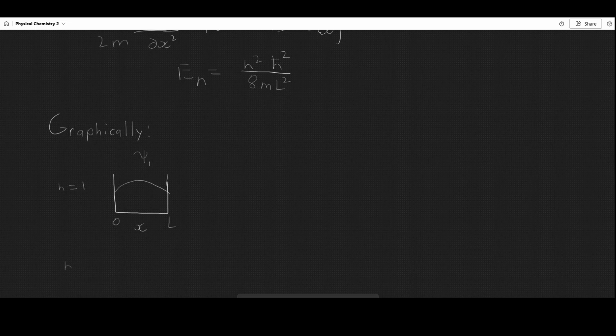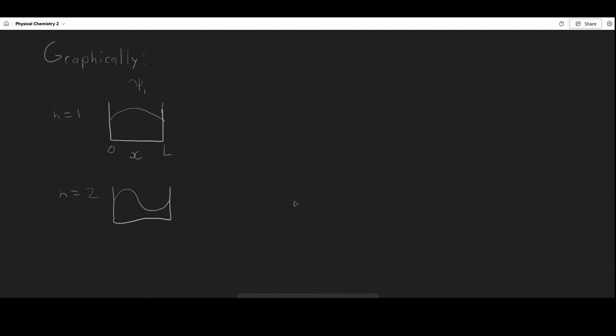And then for n equals 2, it would look something like this. And we can continue on. I'll go up to n equals 3. And so we'll see something like this. Little cramp there. But yeah, so this is what all the psi's are.